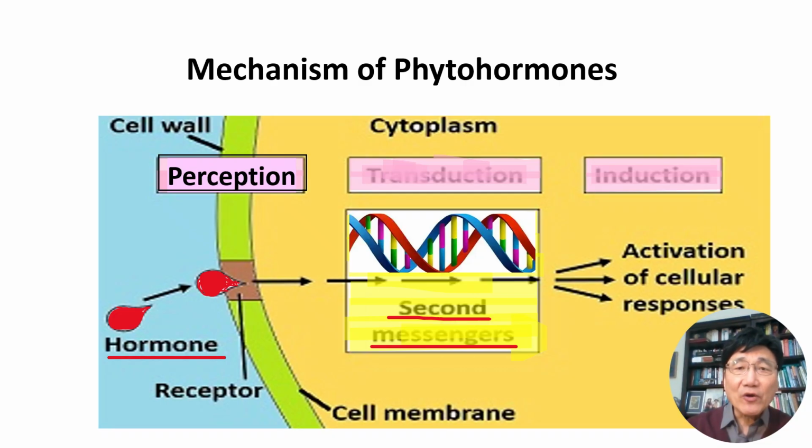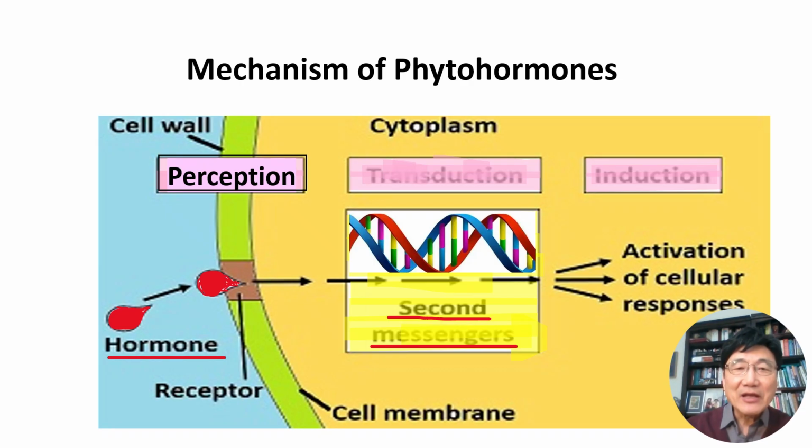Although each hormone has unique pathways, most share a common mechanism. Each hormone is recognized by a specific receptor. The receptors are localized in various places of cells.